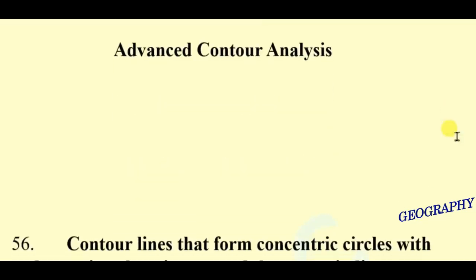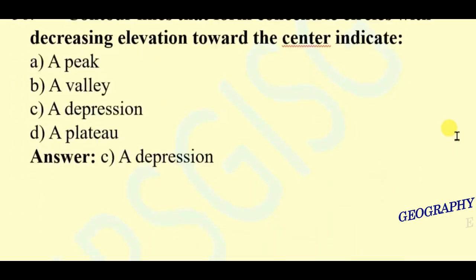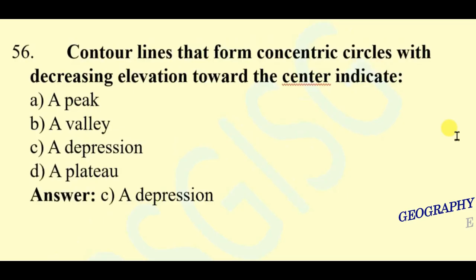Question 56 of the category Advanced Contour Analysis. Contour lines that form concentric circles with decreasing elevation toward the center indicate a peak, a valley, a depression, a plateau.